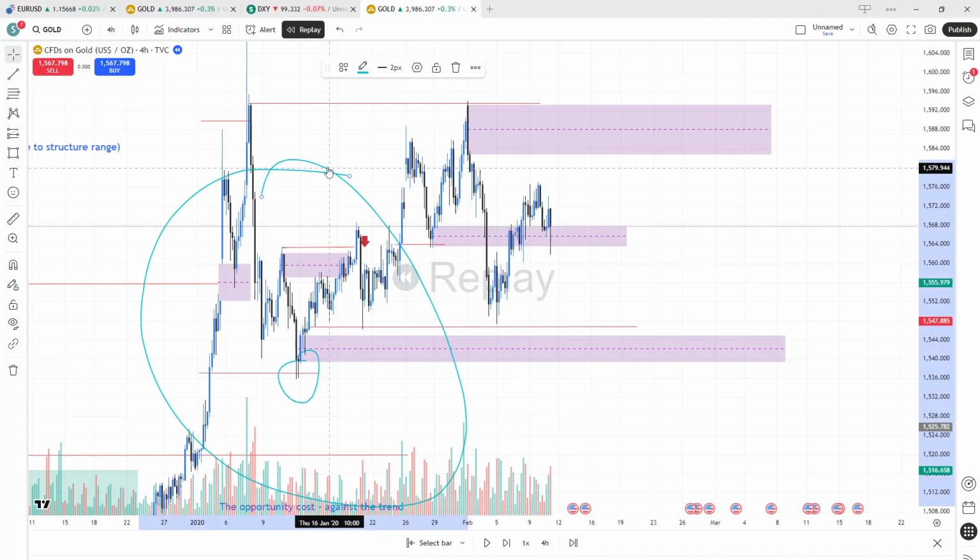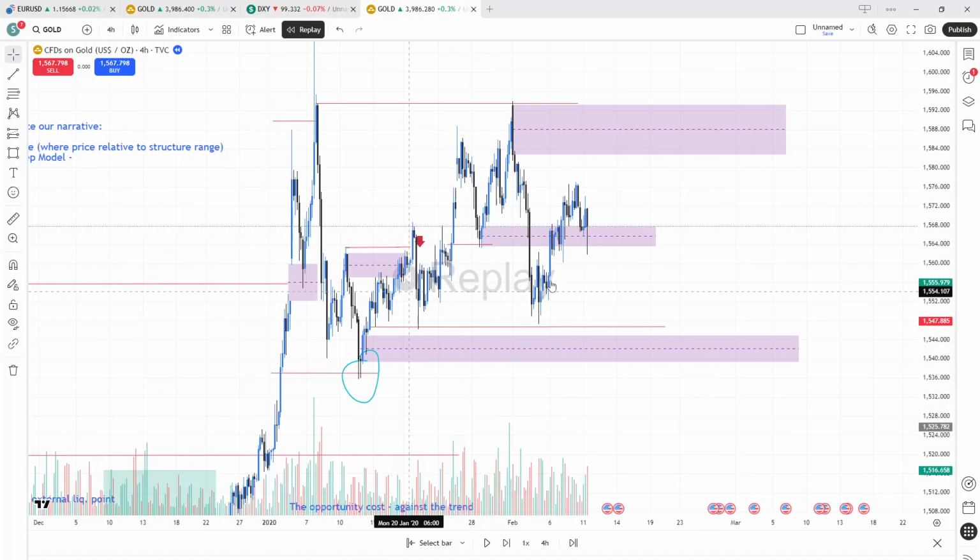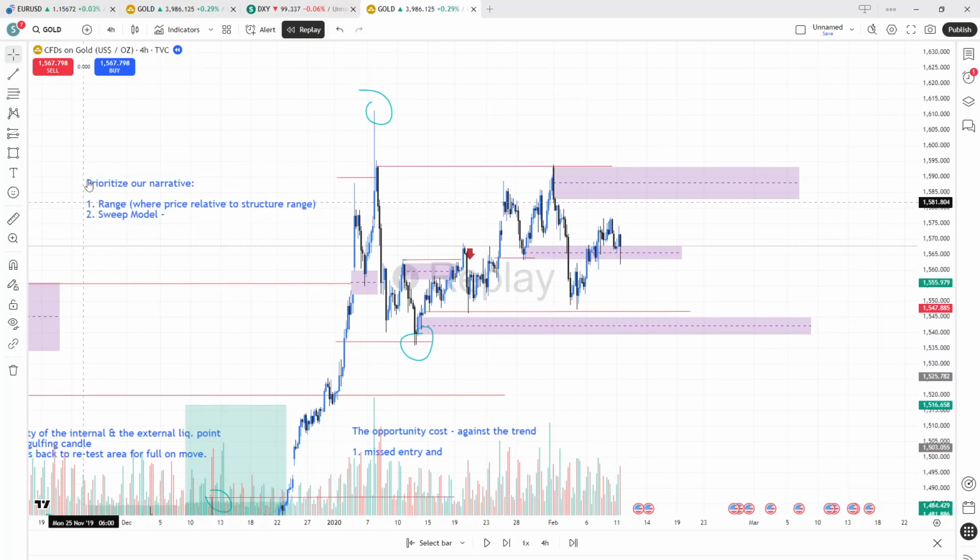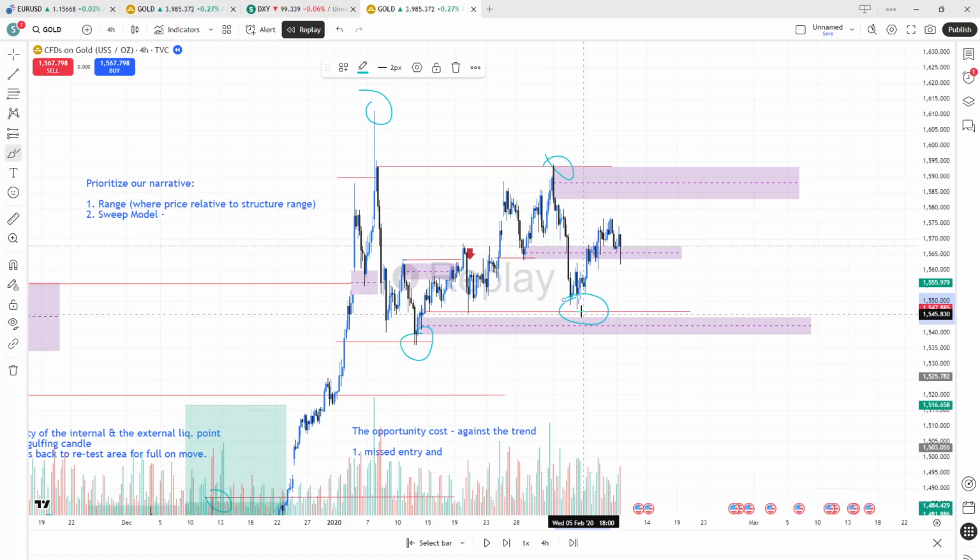to give us that move. But again, we are in this structure range. So high, low, right? We can see that this is choppy, but we're still in this range.